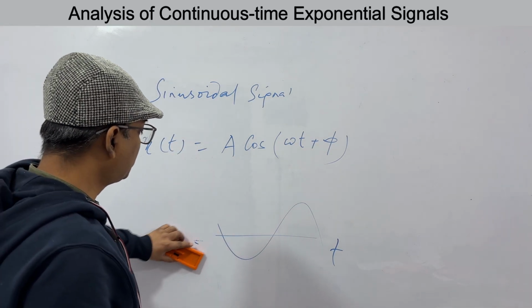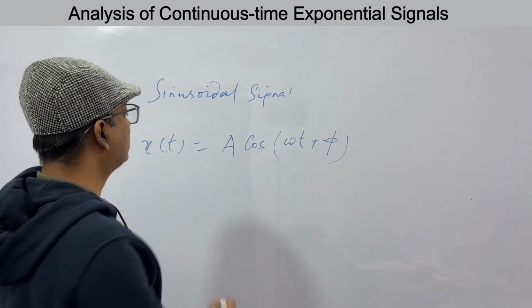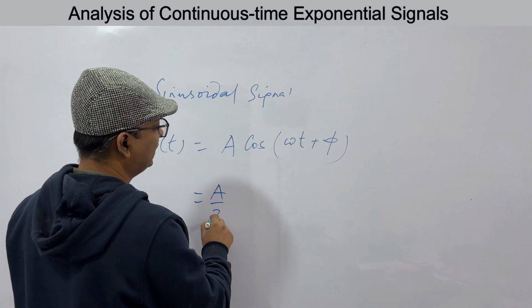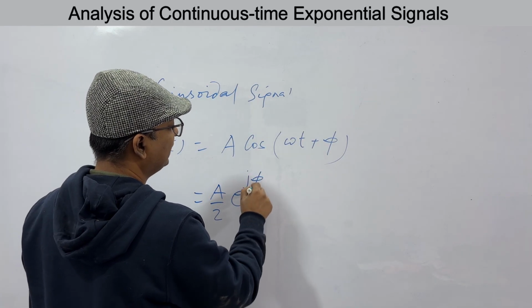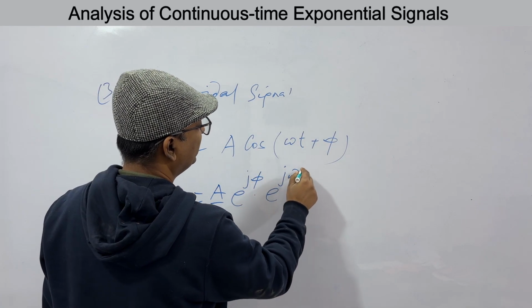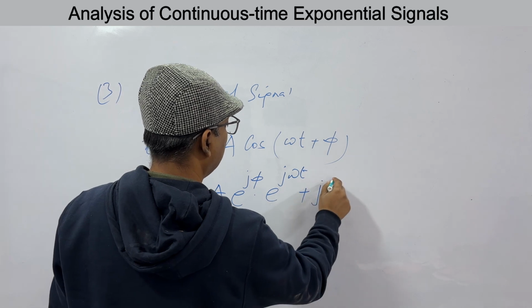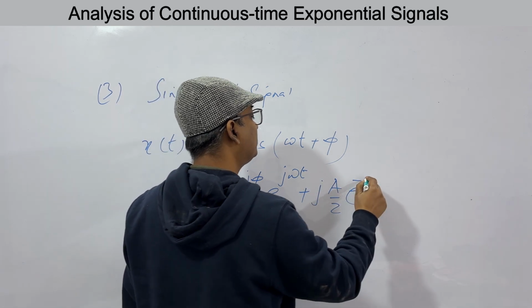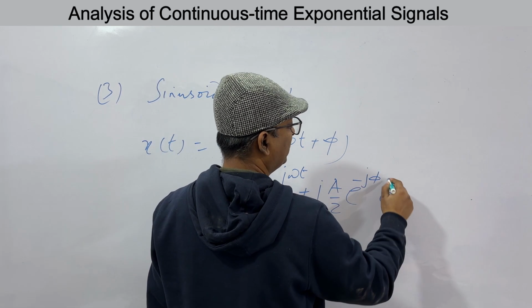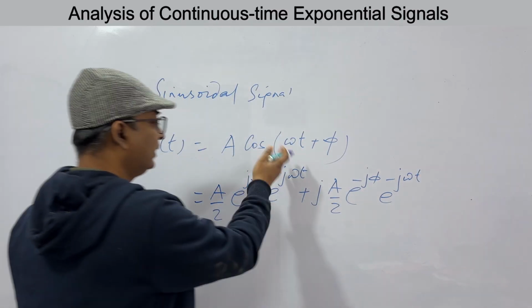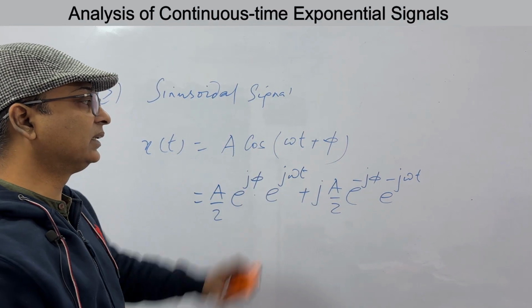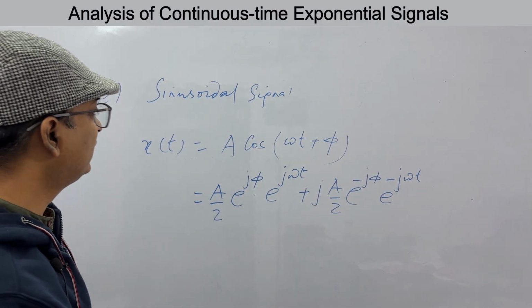It can also be expressed in exponential form: A by 2 e to the power j phi e to the power j omega t plus A by 2 e to the power minus j phi e to the power minus j omega t. If you expand these exponential terms, you will get this. Clear?